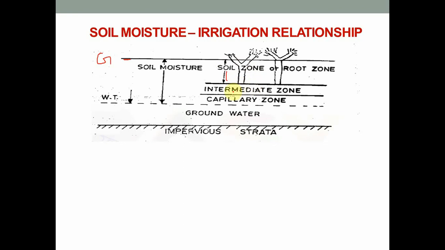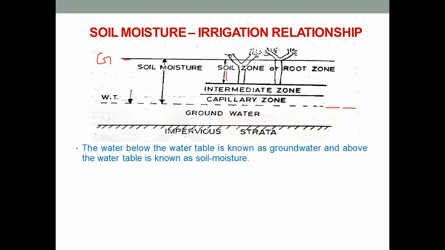The zone below the root zone or soil zone is the intermediate zone, and below the intermediate zone is the capillary zone where the water will remain suspended. Below the capillary zone you will see this dotted line. This is nothing but the water table. Now below the water table there is free flowing groundwater, and below the groundwater is the impervious strata.